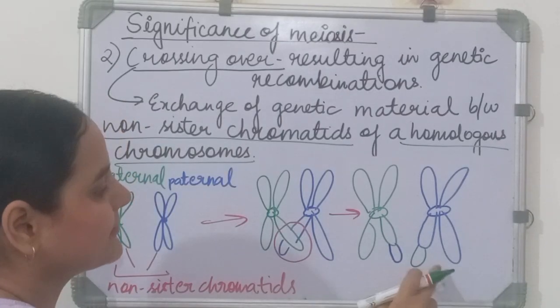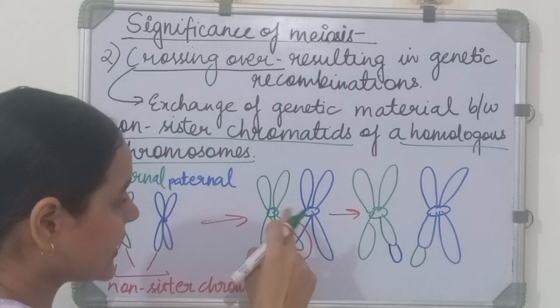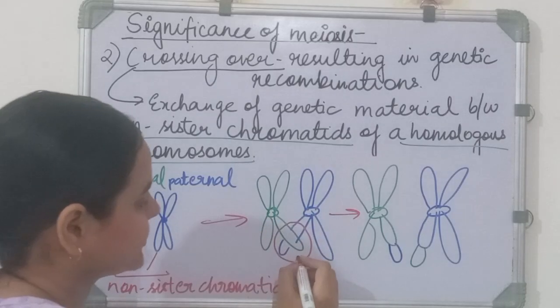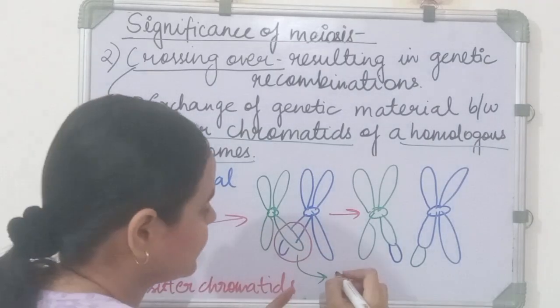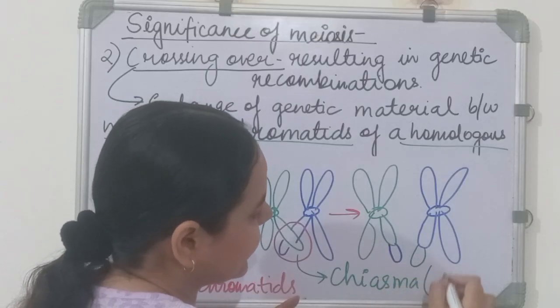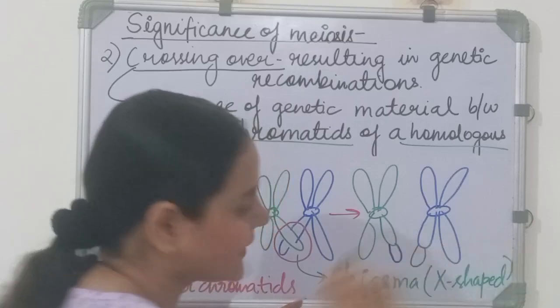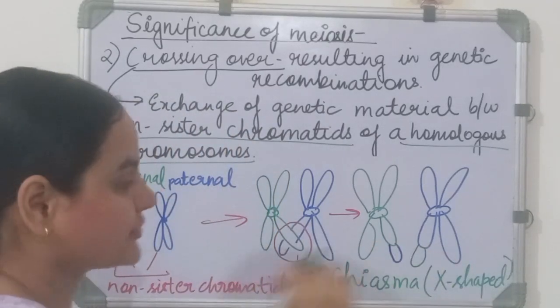Now the genetic material has been exchanged between both chromosomes. Now here this S-shaped structure is called chiasma. This is an X-shaped structure. Okay, I will be giving the definition of this also.